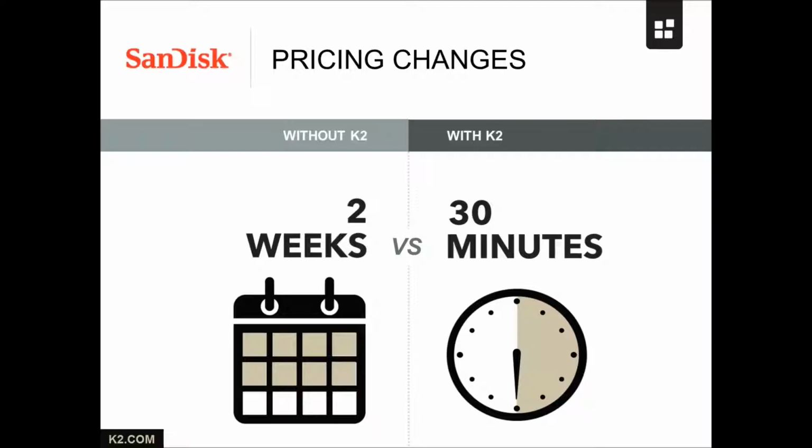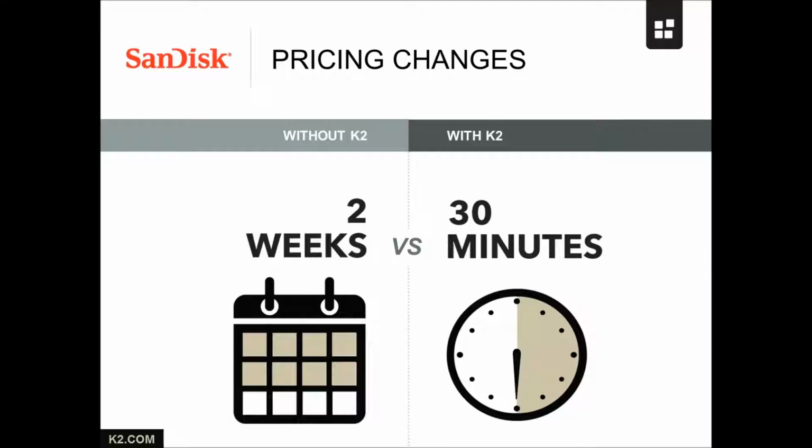Additionally, SanDisk implemented an extensive pricing change application. It is a global organization, and prices are determined at headquarters but fall down into the different regions. With the checks and balances in place in their old manual, semi-automated system, getting the price changes out to the field took on the order of 2 weeks.